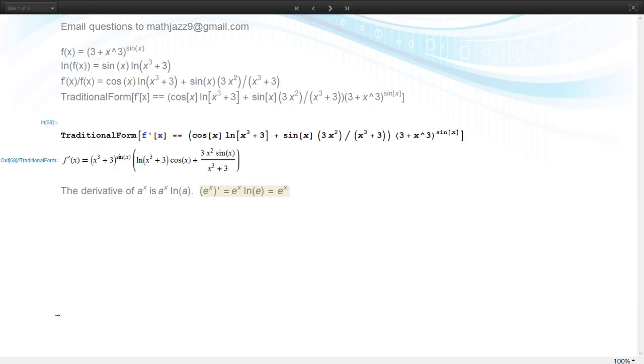Wait for chat to catch up to us. In the meantime, let's do another problem. Let's see. So, in this one, we have water flowing into an inverted cone at a rate of 4 cubic feet per minute.